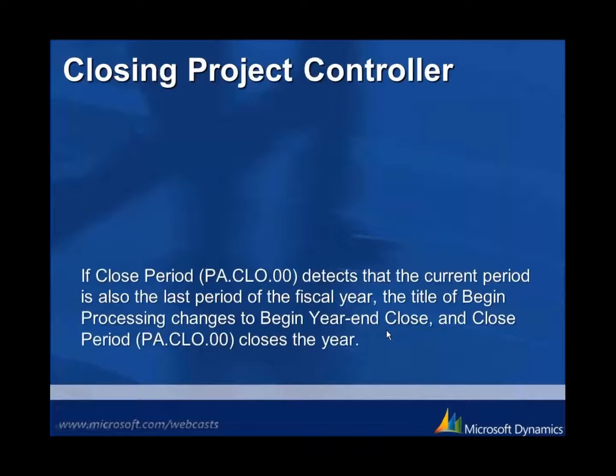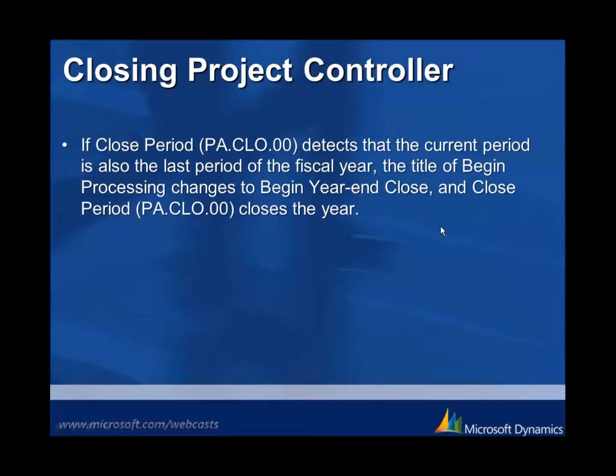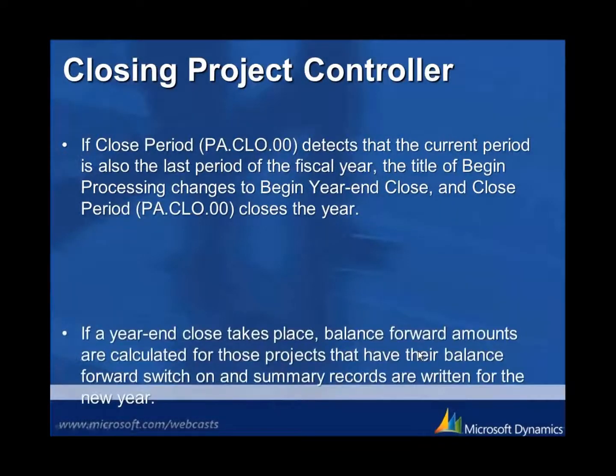We have some more information for you here. If it detects that the current period is also the last period of the fiscal year, and this is kind of a reiteration of what I just mentioned, the title of the begin processing changes to begin year-end close versus close period. So, like I said, it's smart enough to know, and it goes ahead and takes that step.